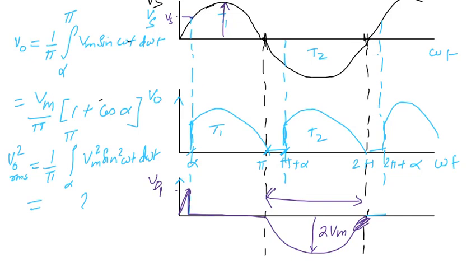During this period the SCR is reverse biased and it is not conducting. So that time is omega Tc equal to pi, so Tc will be pi by omega. This is for R load. Remember we are drawing this waveform for R load.